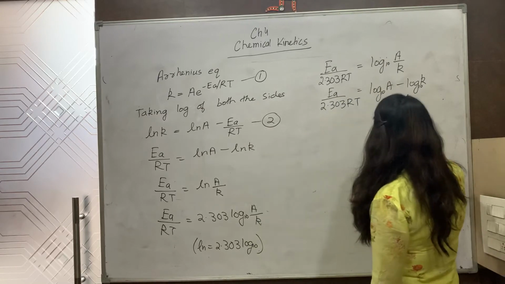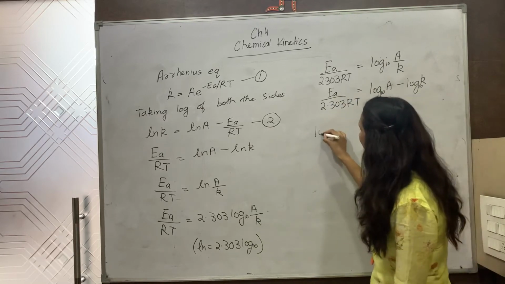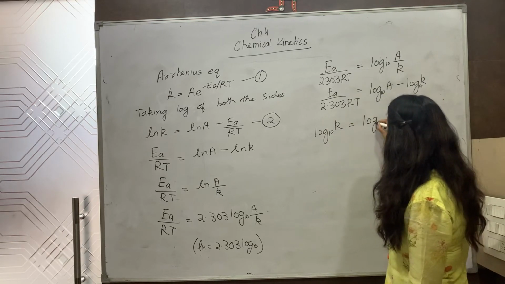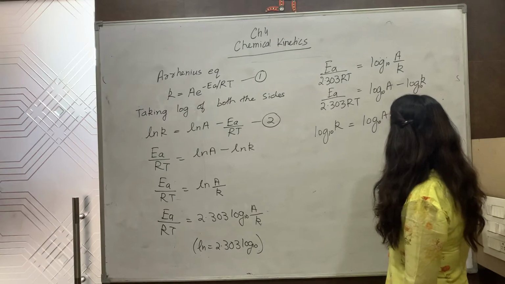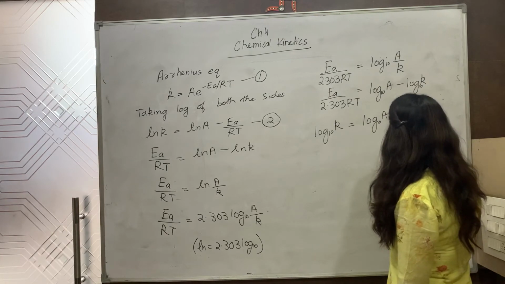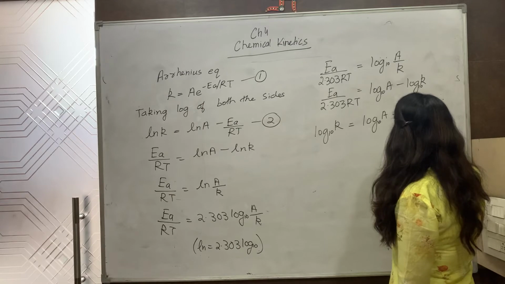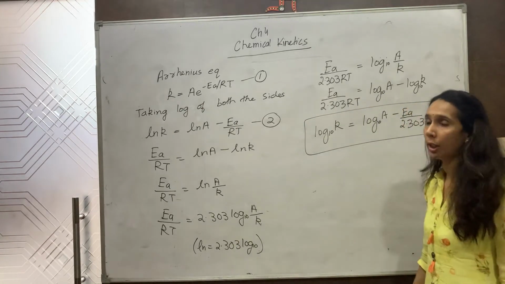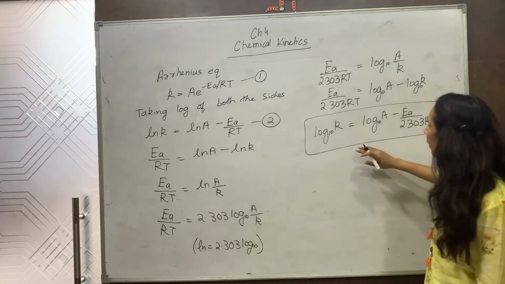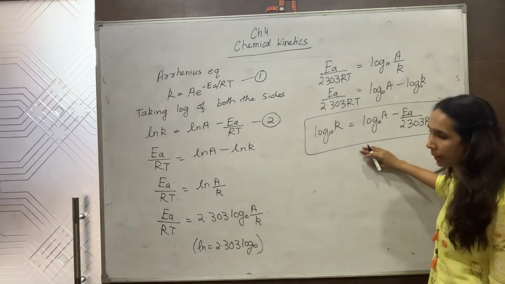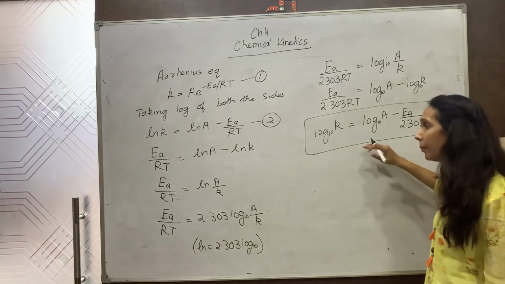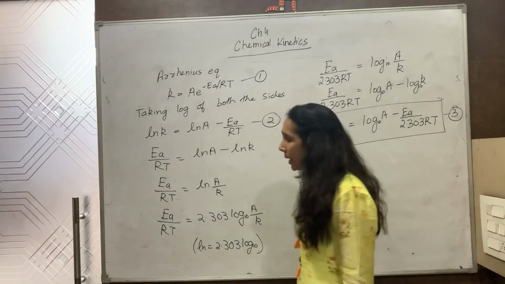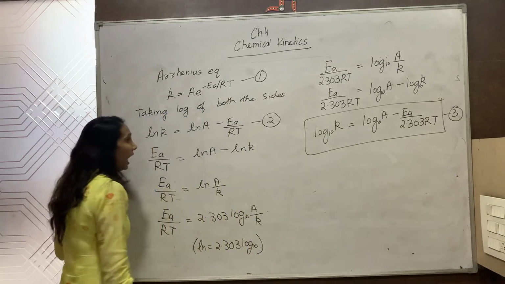Rearranging it again, I bring log k this side, it will become log k is equal to log A minus Ea upon 2.303 RT. So this is how we have got the simplified form of the Arrhenius equation that we can use to solve the numericals.